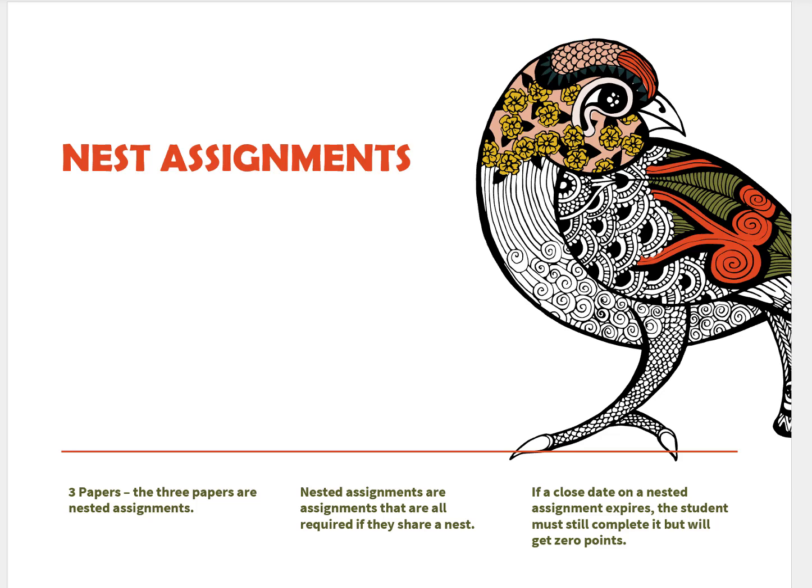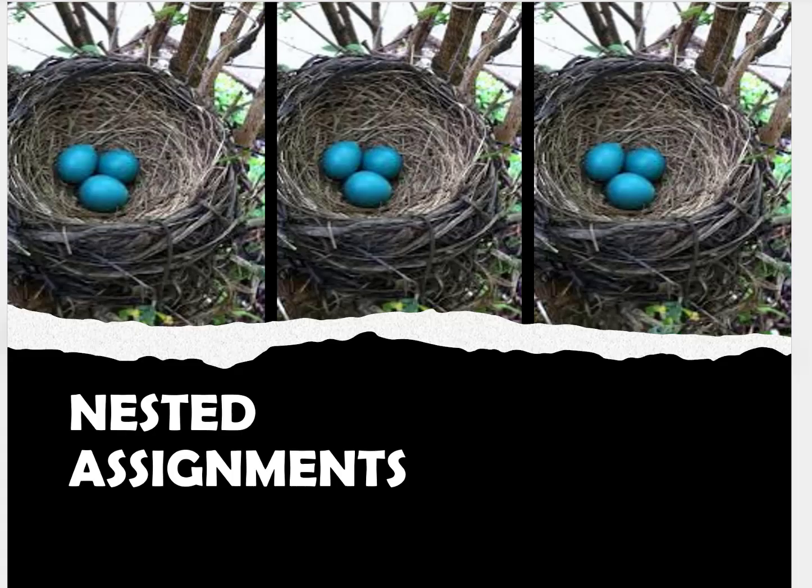Each of those papers are in a nest with 2 other assignments. So paper 1, mini memoir; paper 2, interview or annotated bib; and then paper 3 is a capstone paper. Each of these papers also has a proposal and a rough draft review.